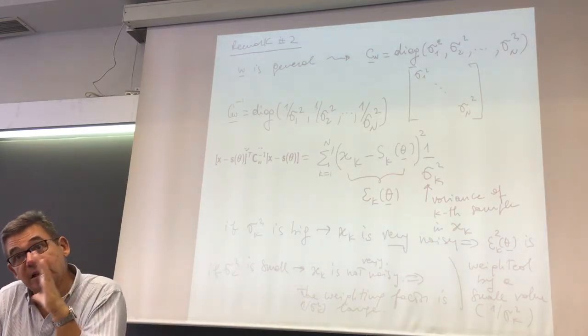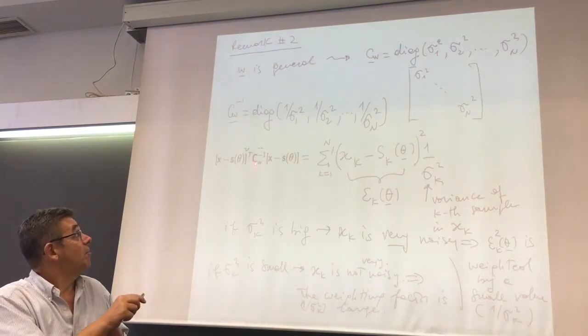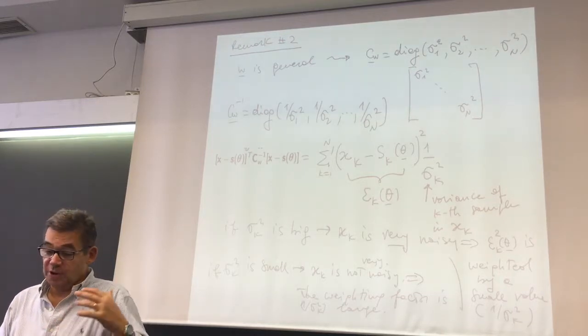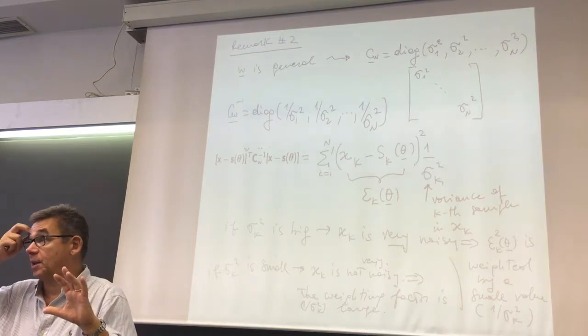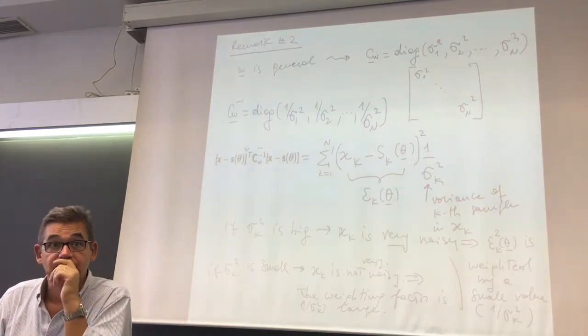So putting the inverse of the covariance in the middle is balancing the degree of accuracy, or the dispersion, of each sample that I am considering for the estimation of parameter theta.